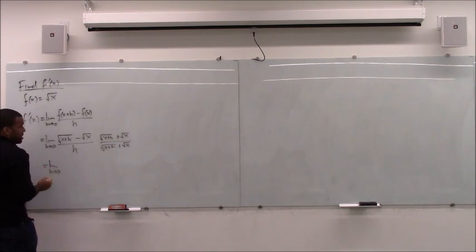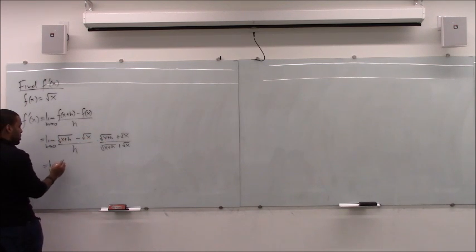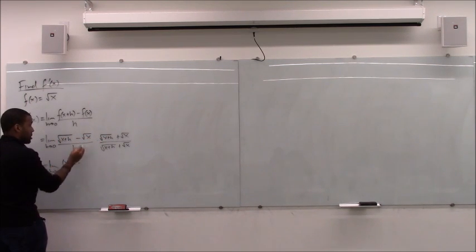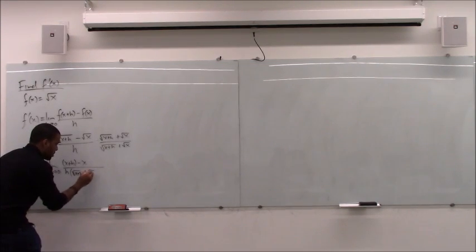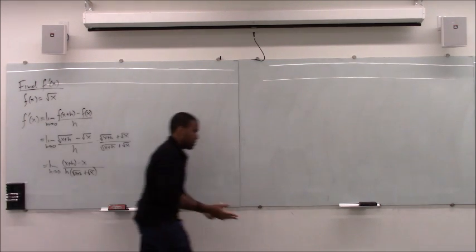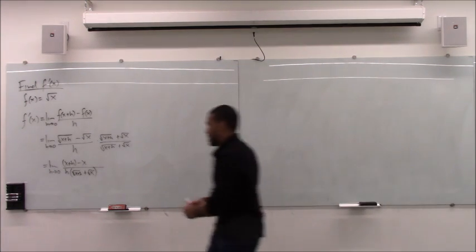In the top, that's the difference of squares, because it's like a minus b times a plus b, so you get a squared minus b squared. In the denominator, you just multiply across, and once again, I have to warn students about this, because they have the knee-jerk reaction: never expand the denominator.